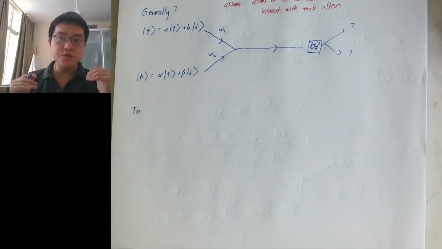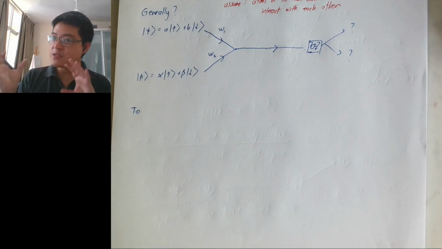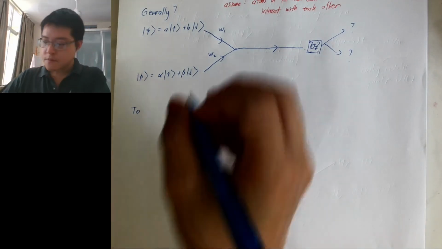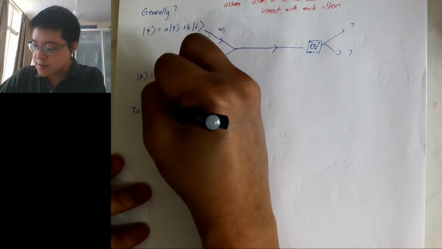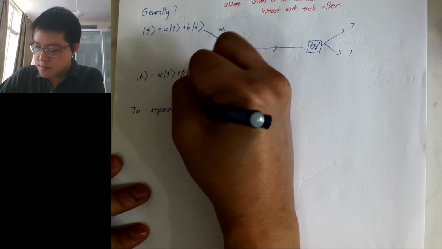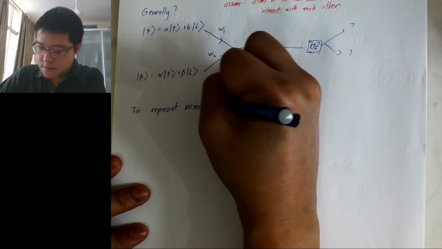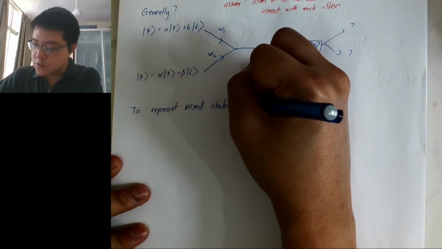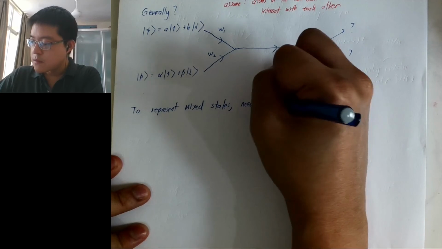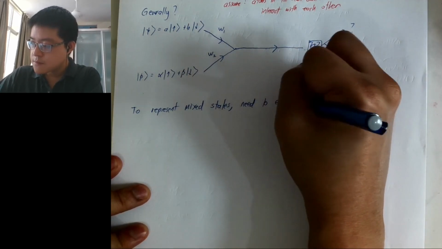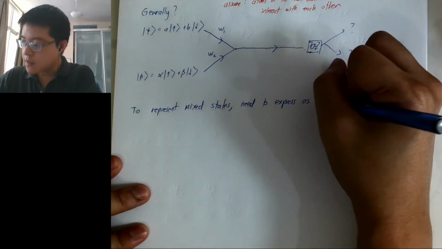In fact, we need to represent states using operators. So to represent states, we need to express it as ket bra.